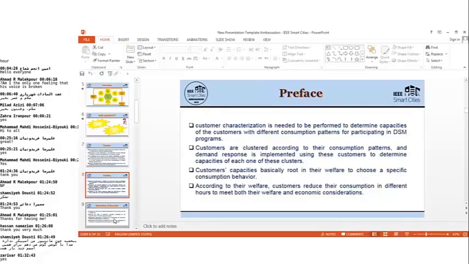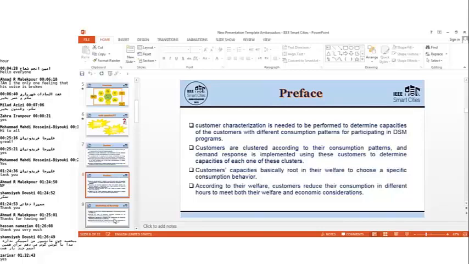As you know, we can't analyze all of the customers one by one, each one as an individual, because each customer's energy consumption alone is very low to affect the total load shape of the grid.